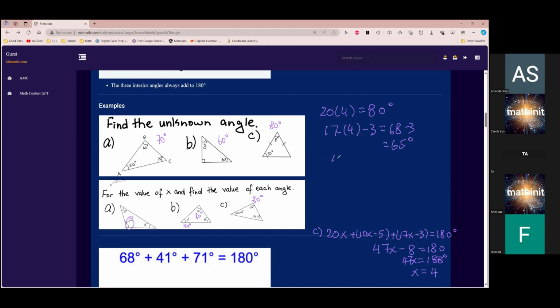Then you have 10x minus 5, which equals 10 times 4 minus 5, which is 40 minus 5, which equals 35 degrees. So you have 80 degrees, 65 degrees right here, and 35 degrees over here.